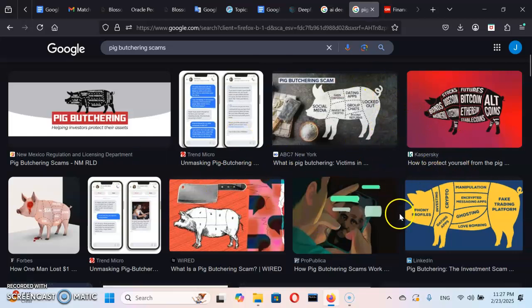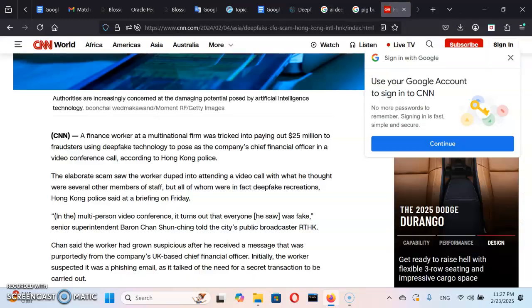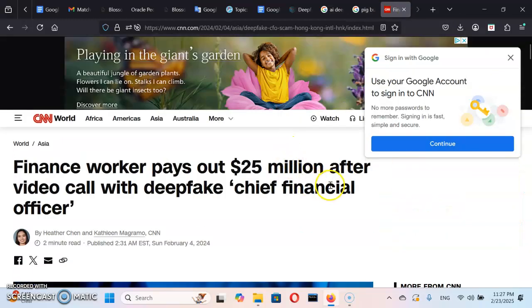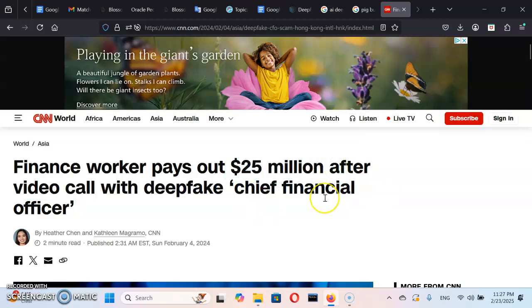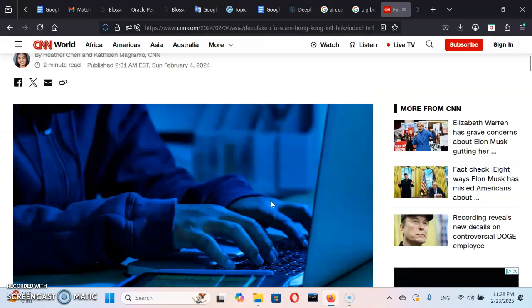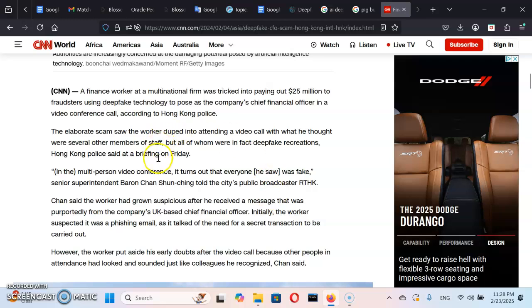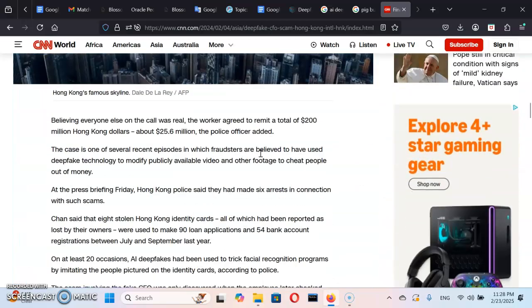The more well-known one that happened last year was this one right here. It's a 25 million scam for a company where the threat actor basically impersonated the CFO and then asked them to wire over 25 million. Because they see the face of their CFO, they hear the voice of their CFO, they didn't even question it twice.